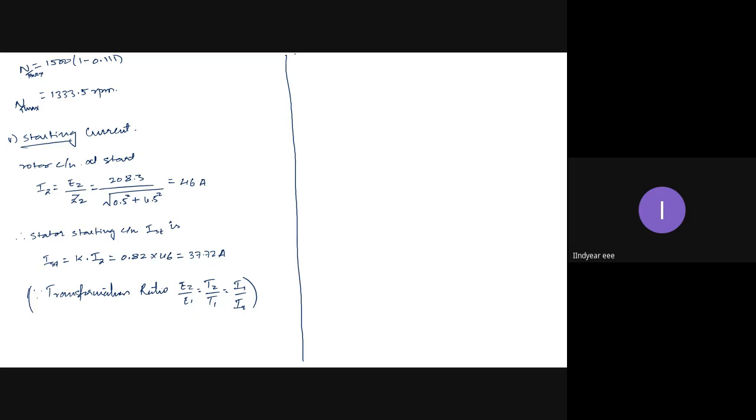Starting torque. The last point to be calculated is the starting torque. TST is equal to K1 E2 square R2 divided by R2 square plus X2 square.